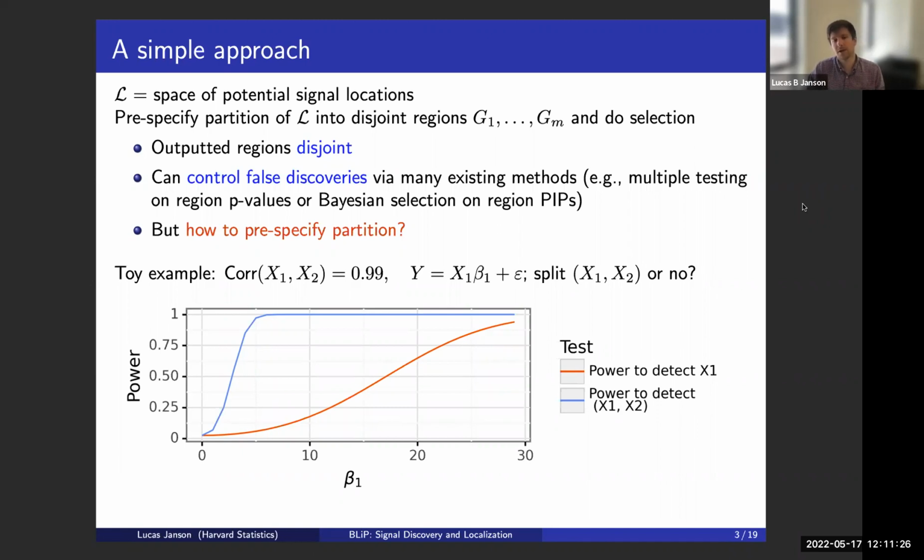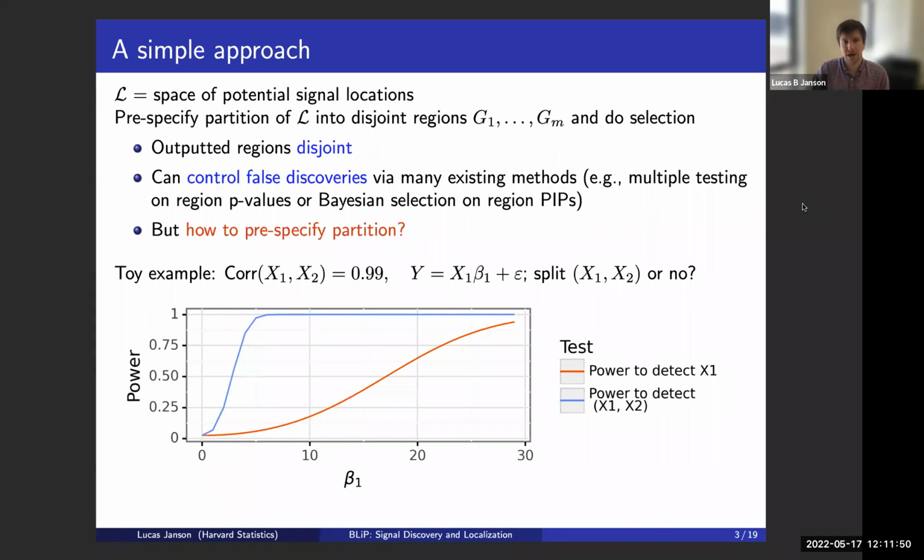So if we think about a regression problem where there are just two variables that are very highly correlated, and only x1 has a true coefficient in the model for y, then the question of partitioning is: do we partition x into x1 and x2, or do we combine x1 and x2 into just a single group or region?